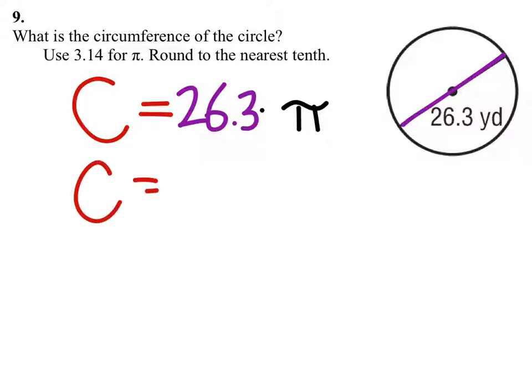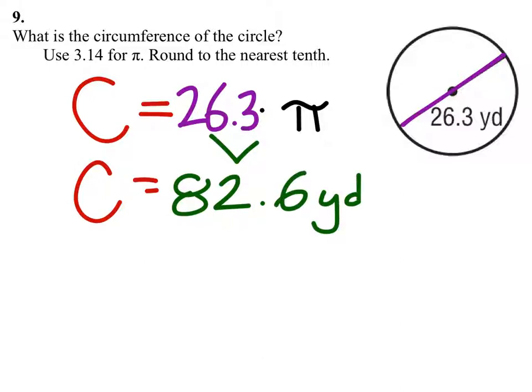And when I do that, we're going to round this to 82.6 yards. Now if you use 3.14, you may have gotten something a little different, which is okay. But if you're like 2 or 3 off whole units, then that's not okay. That means you may have struggled rounding, which is a big deal.